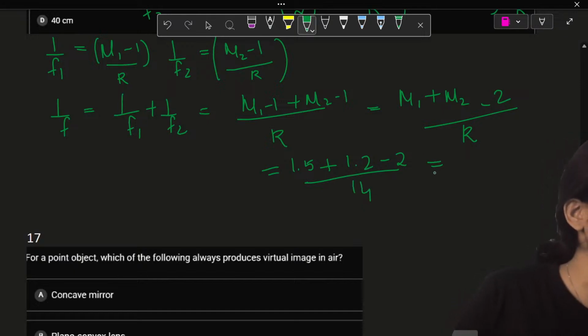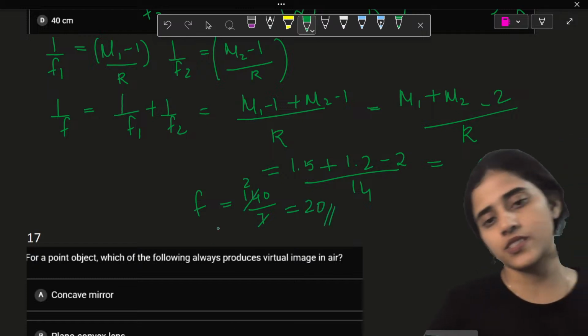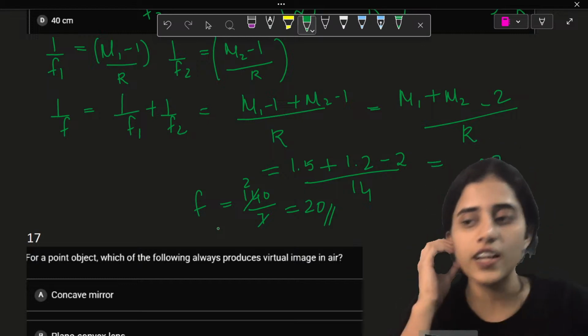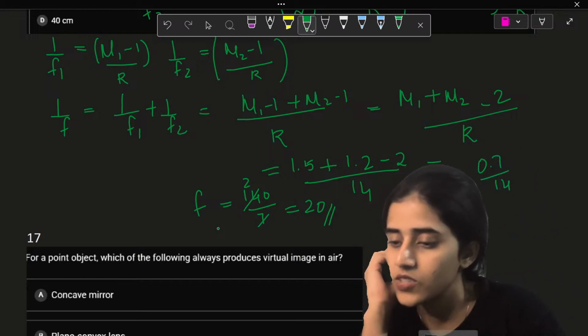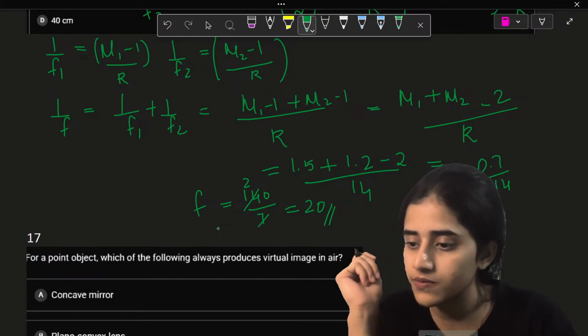So this is going to be 0.7 by 14. So F will be 14 by 0.7, which is 140 by 7, that is 20 centimeters. It's very difficult to solve with decimals, so that's why you have to multiply it by 10.